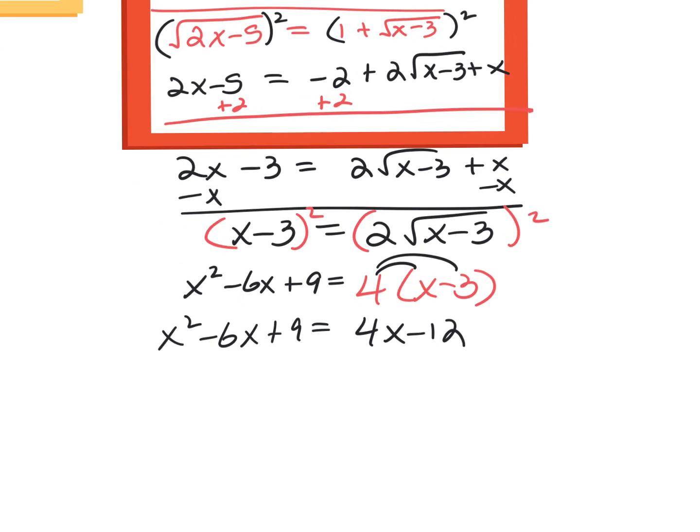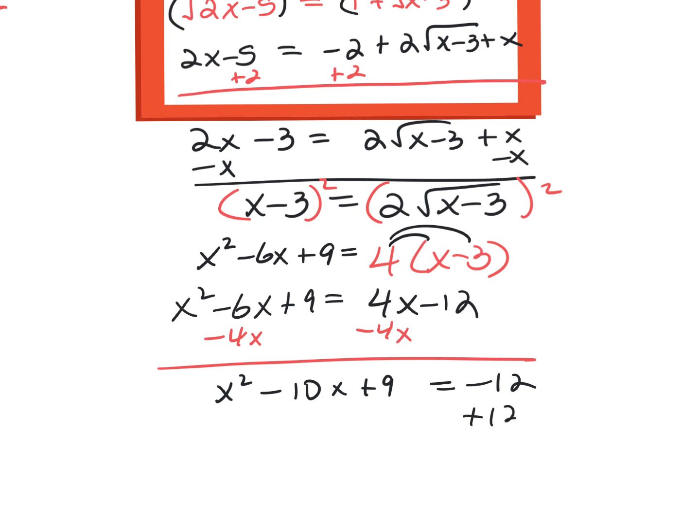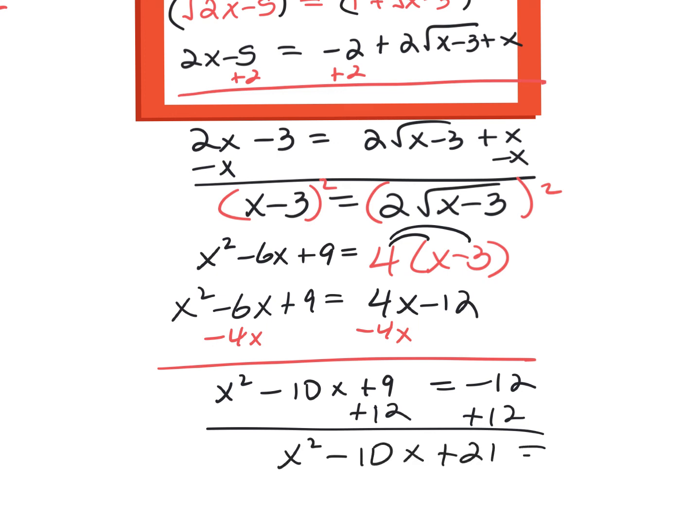So I'm going to subtract 4x. And I get x squared minus 10x plus 9 equals -12. And now I need to move the 12 over. And I get x squared minus 10x plus 21.